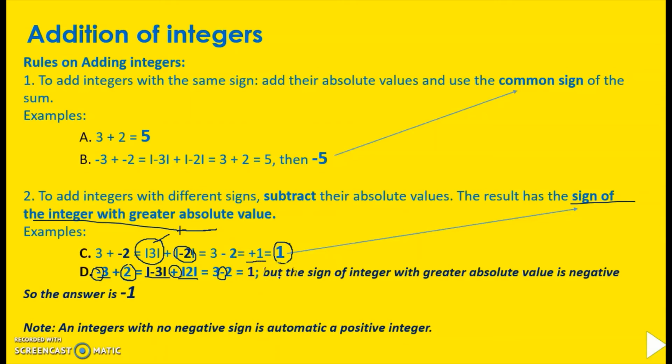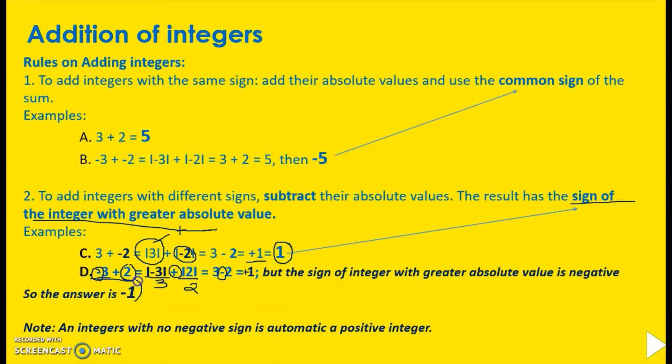But the question is, the sign of the integer with greater absolute value is negative. As you can see here, the absolute value of negative 3 is positive 3, and the absolute value of 2 is 2. The sign of the greater absolute value is negative in the original. So instead of positive, the sign of our answer is negative.